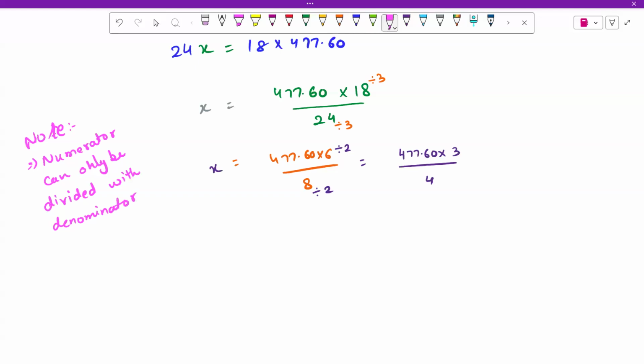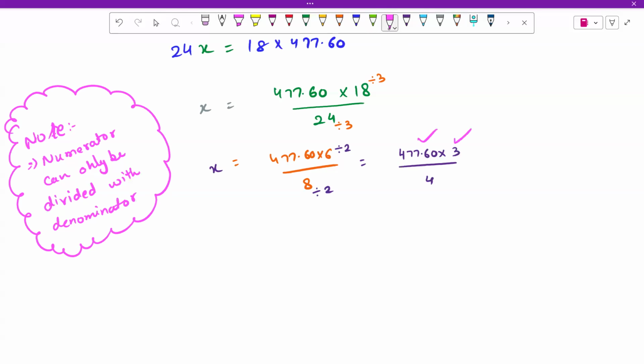That's all. Numerator we cannot divide with numerator, and denominator we cannot divide with denominator. So this is something that we have to be careful about. So we cannot divide 3 with this number, and we cannot divide 3 with 4 anymore.